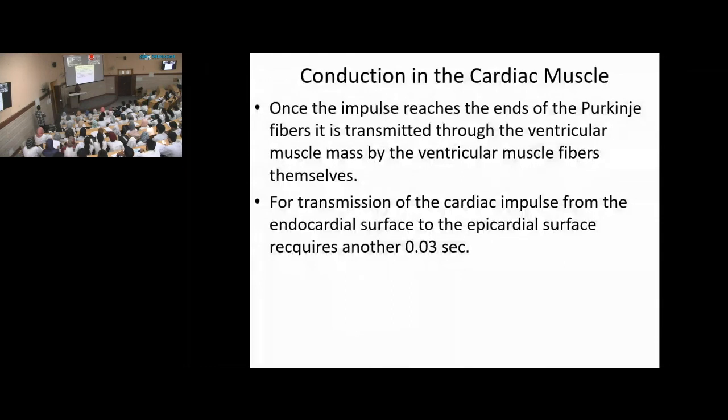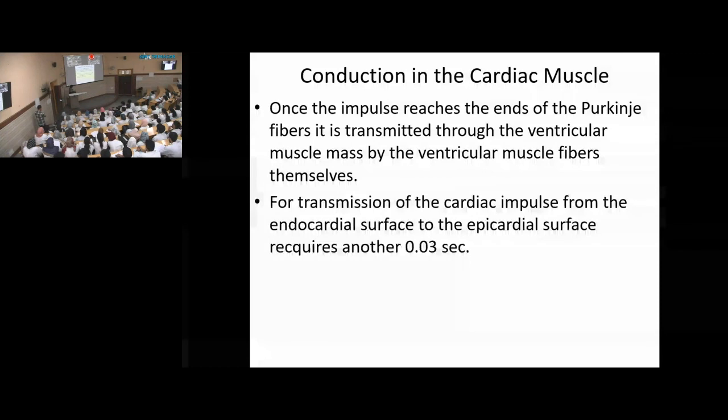From the endocardium, the spread is outwards towards the epicardium. So again the impulse takes another 0.03 seconds to spread from endocardium to the outer part of the muscle wall, because the ventricular muscle mass is a very thick mass of tissue. So another 0.03 seconds are taken there. Okay?